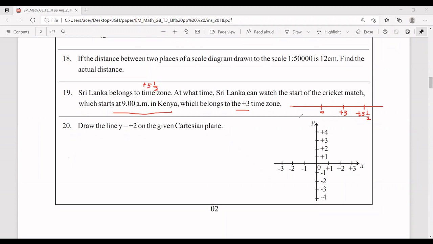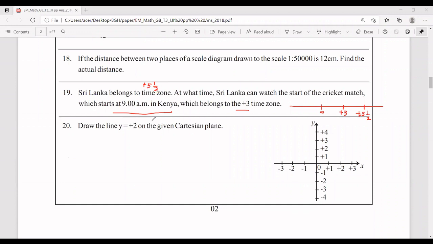If this is 0, this side has negative numbers in the number line, this side positive numbers. Here they have given that Sri Lanka can watch the start of a cricket match which starts at 9 a.m. in Kenya.